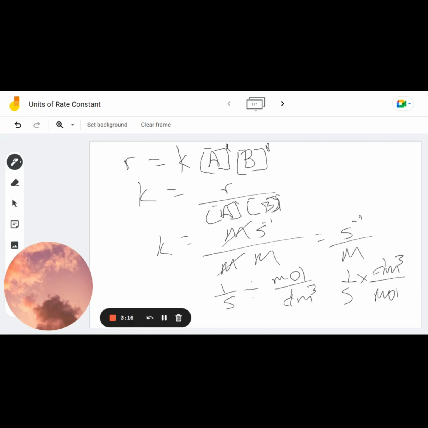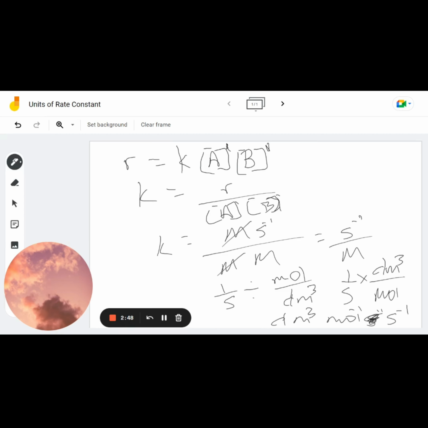So here we go, this is our unit now. It's going to be equal to dm cube per mole per second. This is supposed to be per second, let me just cross it out. Per second, there you go. So our unit is dm cube per mole per second based on how we calculate that right there.